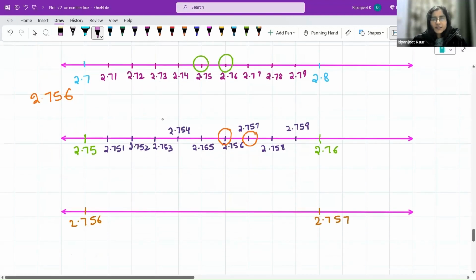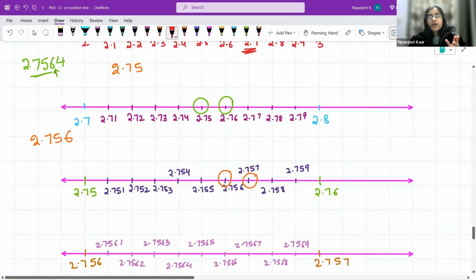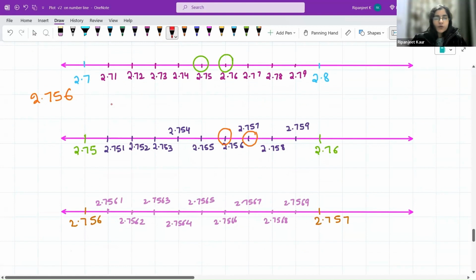Okay, hopefully we will be able to locate it right now. So let us see next. The next number here will be 2.7561, 2.7562. So these are all the numbers between 2.756 and 2.757, right? So we want to locate the number 2.7564.